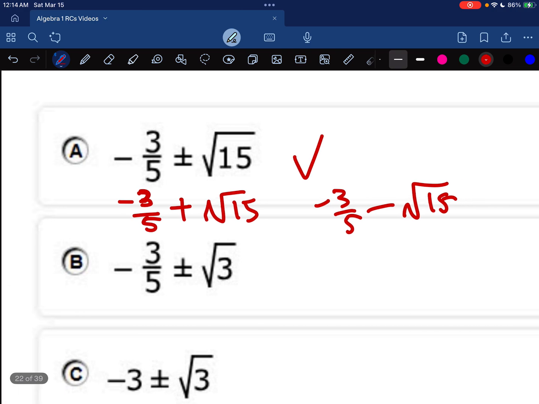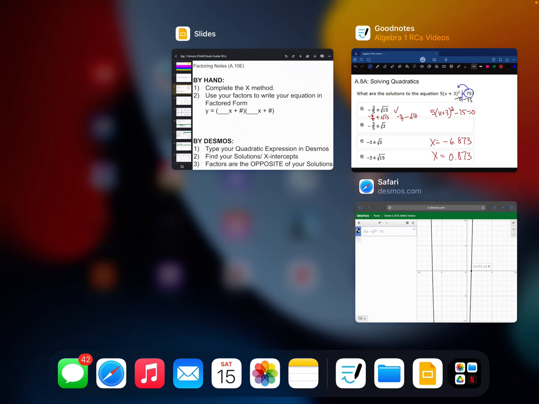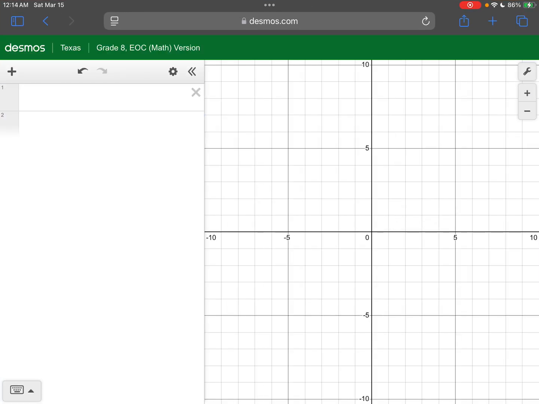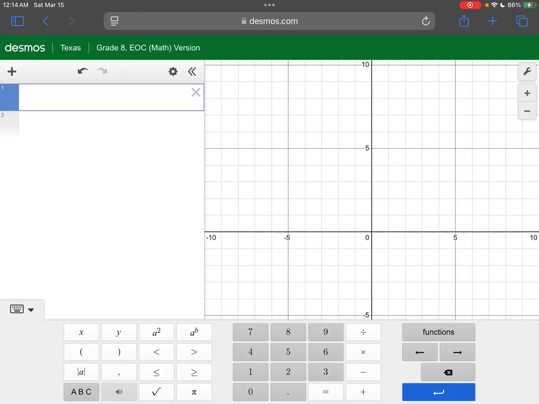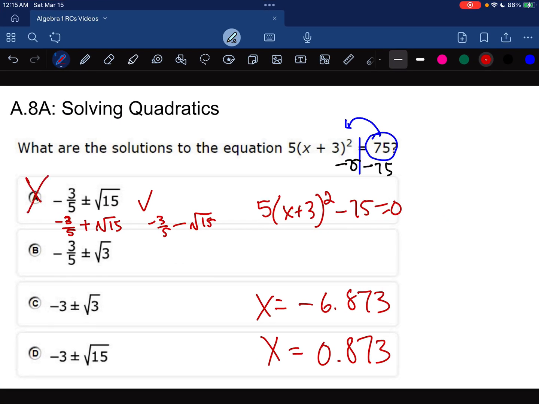All right, let's keep them both. Negative 3 over 5 plus square root of 15. It's not even giving me the first one. It's not giving me one or the other. So I can go ahead and cross this one out.